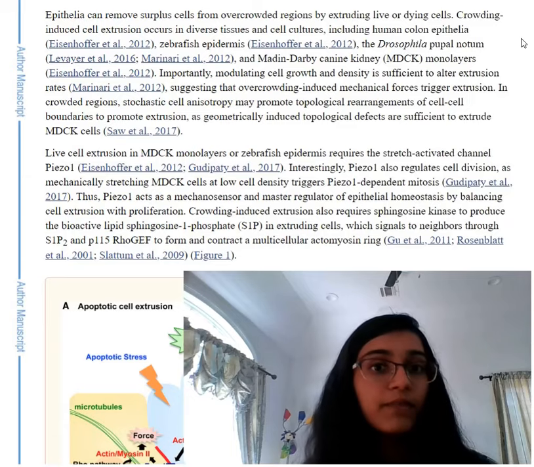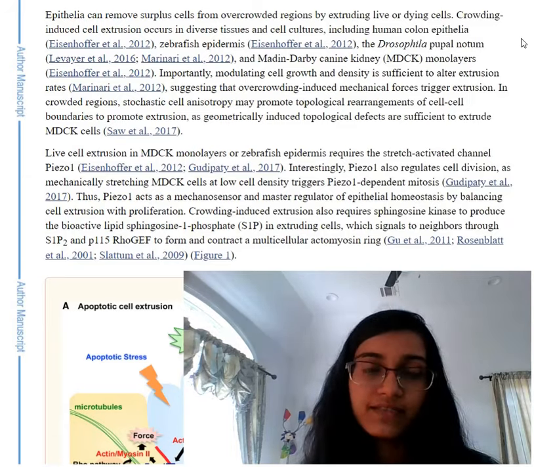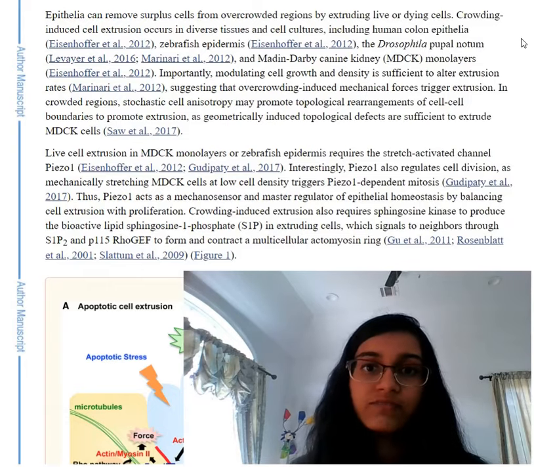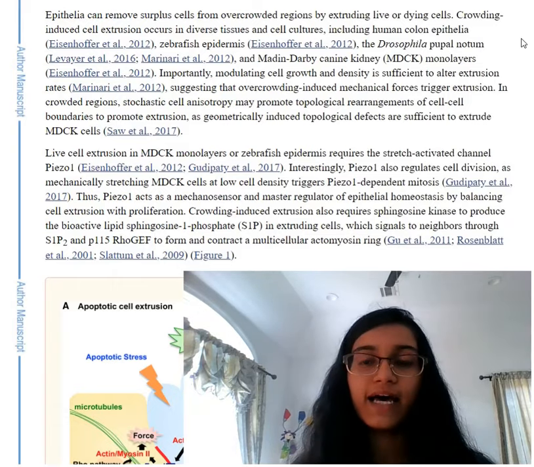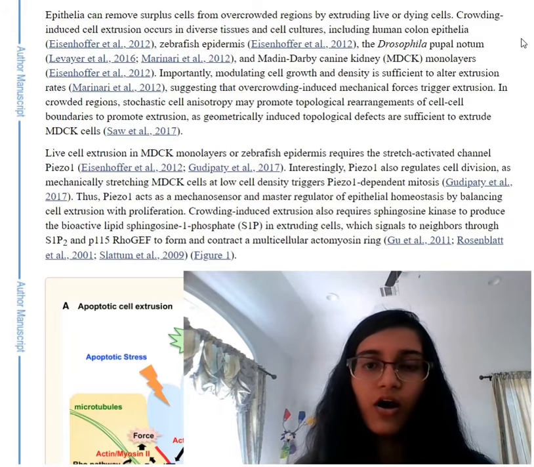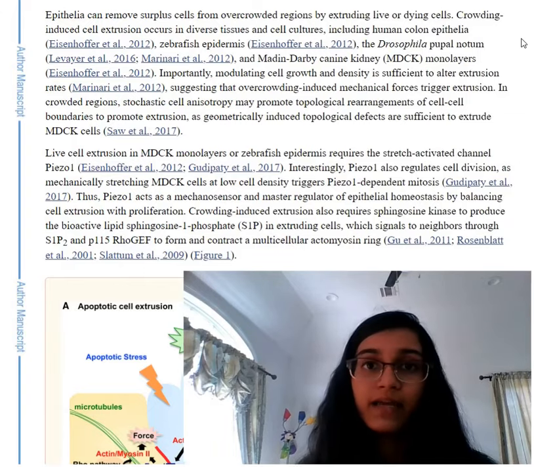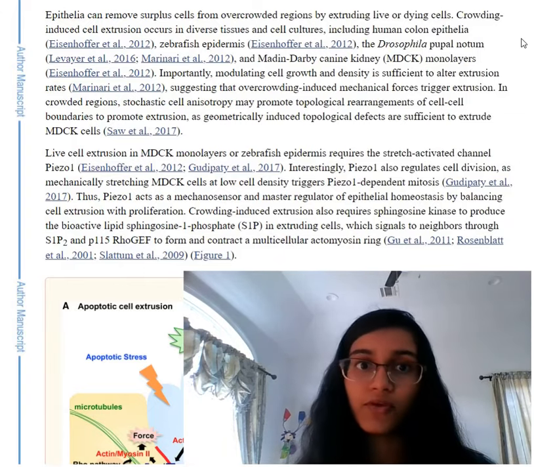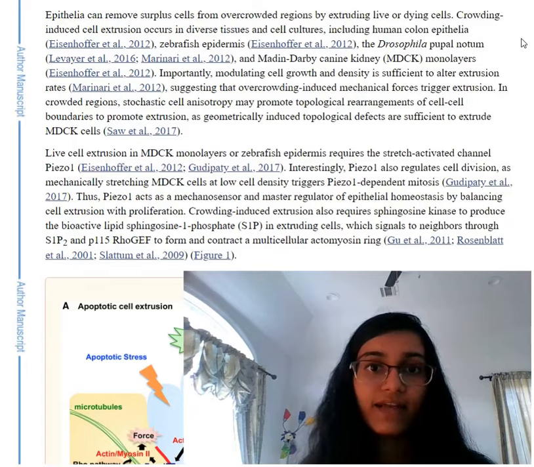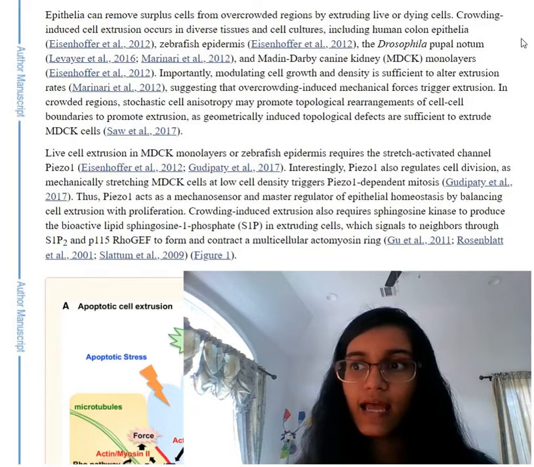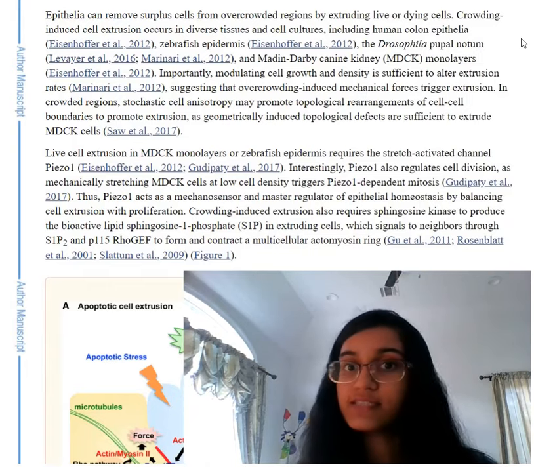But more importantly, modulating cell growth and density is sufficient to alter extrusion rates, suggesting that overcrowding-induced mechanical forces trigger extrusion. So this actually makes a lot of sense because, as we were saying before, one of the purposes of cell extrusion as a mechanism for maintaining epithelial homeostasis is preventing overcrowding and also playing a role in tumorigenesis.